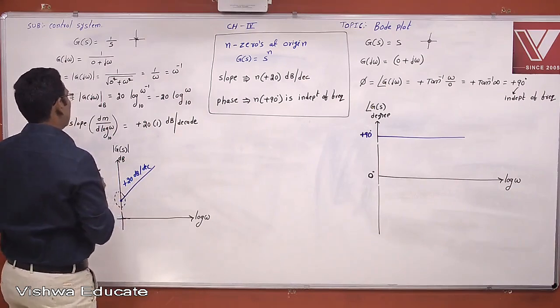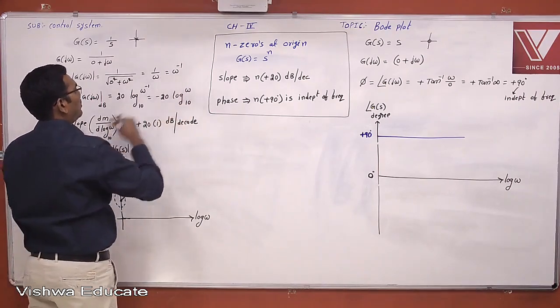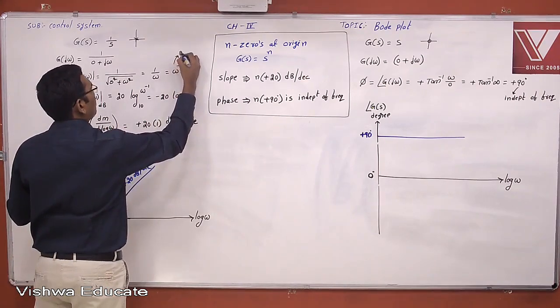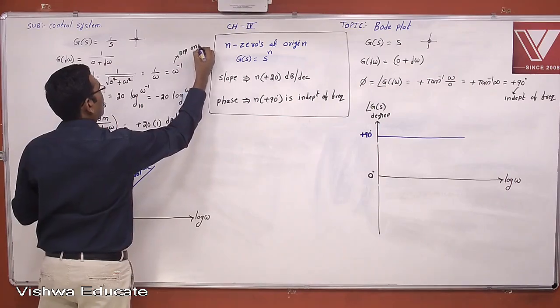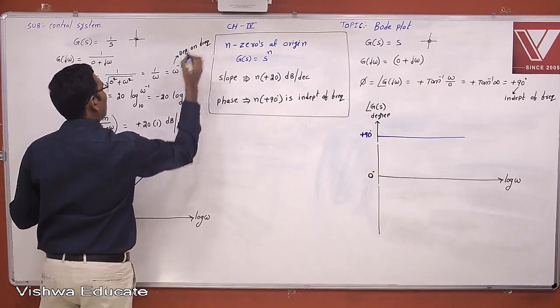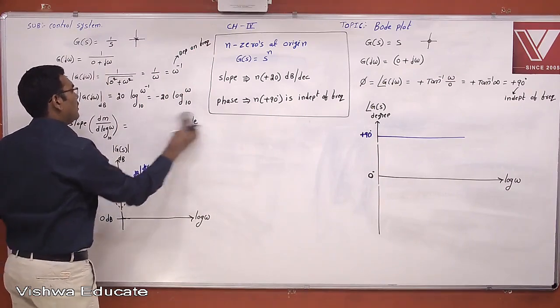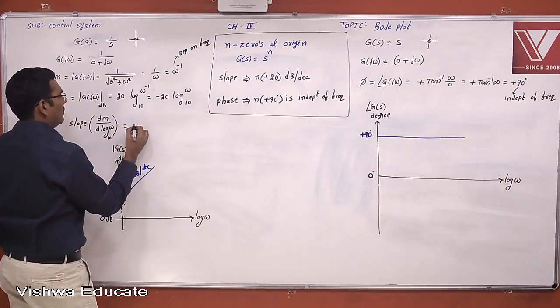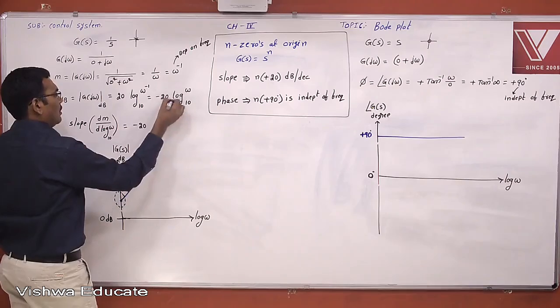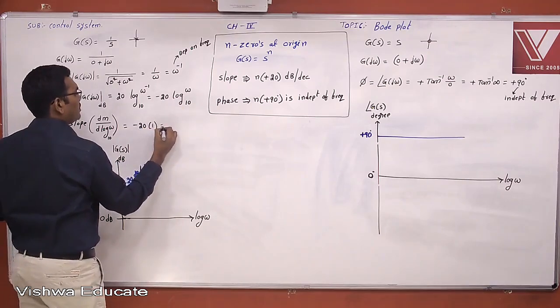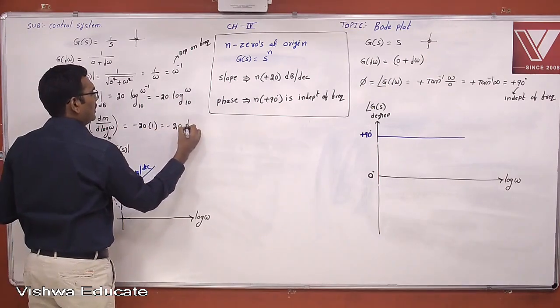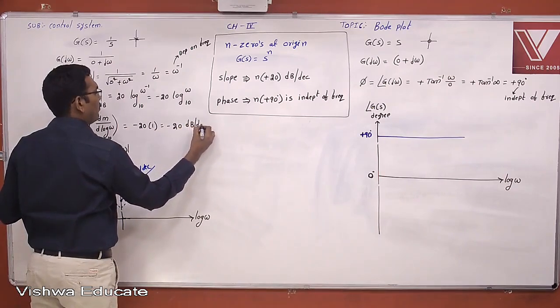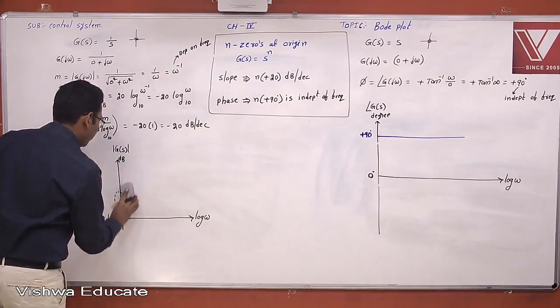Therefore the slope depends upon frequency, right? This is minus 20 log omega, which is nothing but minus 20 dB per decade. This is a falling slope, negative slope.